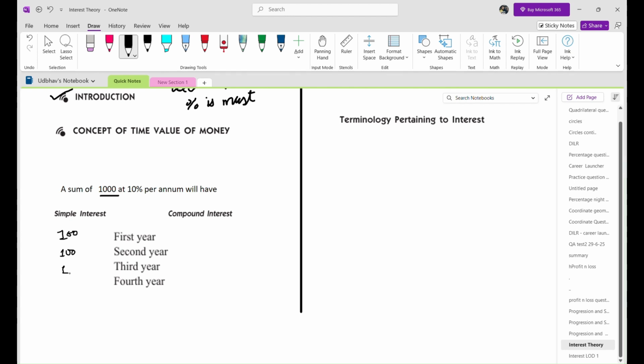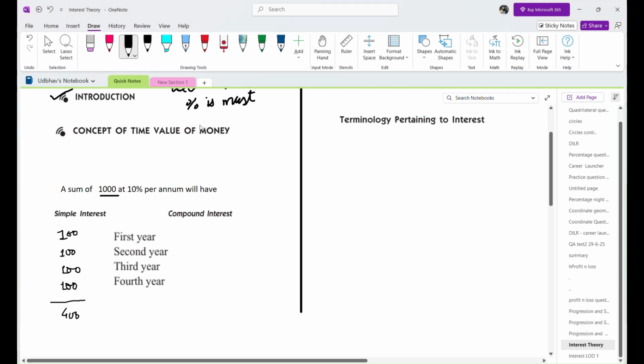Third year, same 100 rupees. Fourth year, same 100 rupees. So at the end of 4 years, we'll have a total interest of 400 rupees. Now let's see how the compound interest is calculated.